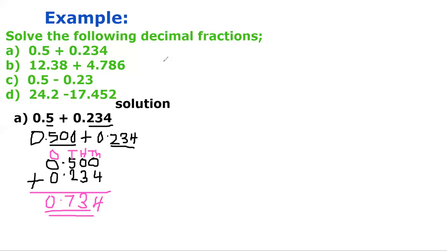Then when you come to question 2, you can see clearly that here we have 2 decimal digits and here we have 3 decimal digits. So let me write question 2 here.